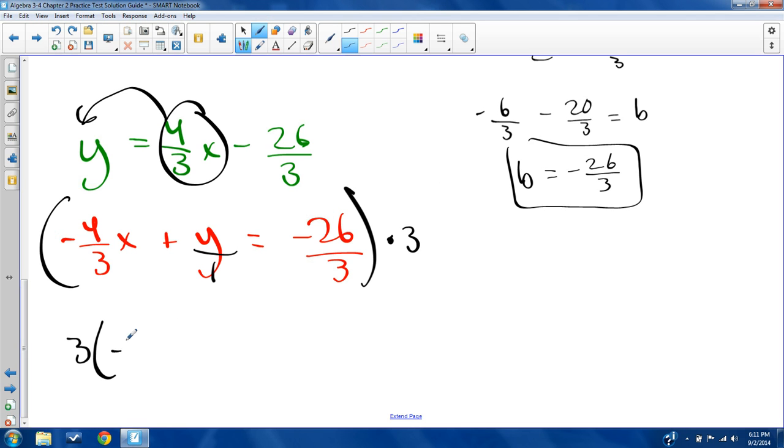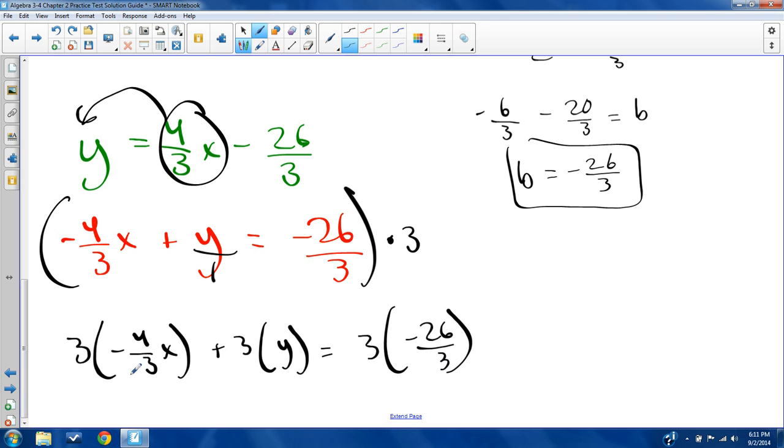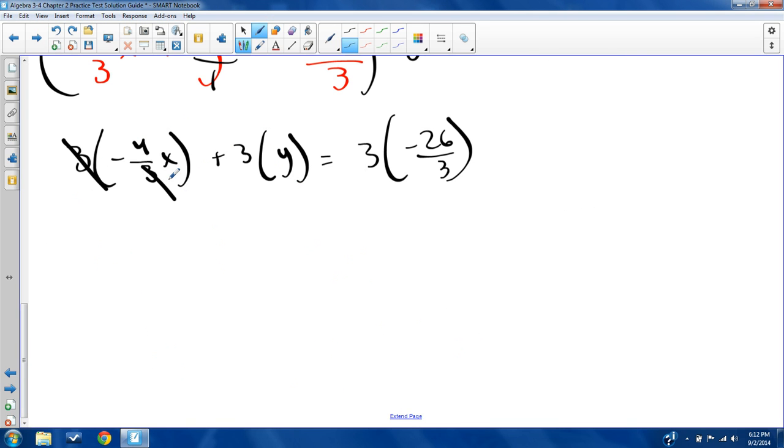I'll have 3 times -4/3 x plus 3 times y. That equals 3 times -26/3. So you'll notice how these 3's cancel here. 3/3 and 3/3. So now I'm left with -4x plus 3y equals -26.